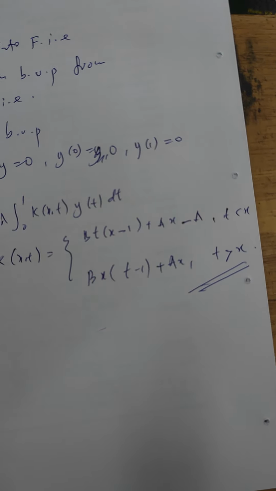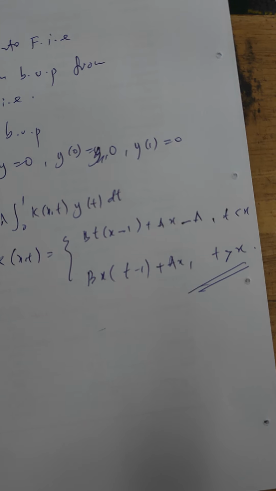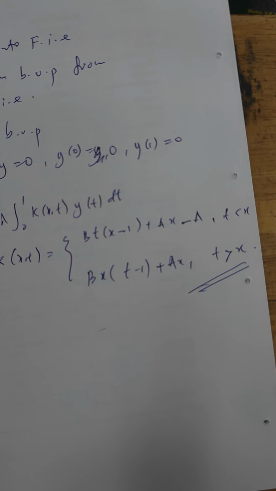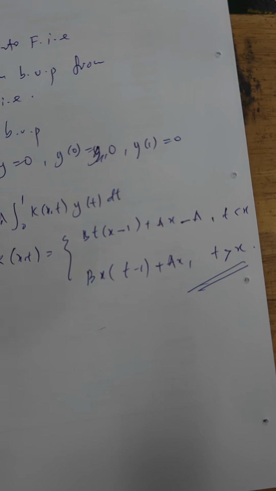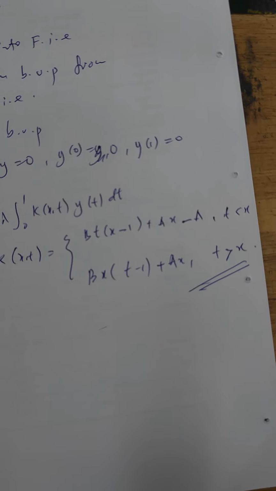We were given the boundary value problem, we converted it into a Volterra integral equation of the second kind, we converted it into the Fredholm integral equation of the second kind, and then from the obtained Fredholm integral equation, we tried to recover the given boundary value problem in the question. Alright, so the steps are almost similar to the previous one. So I think that's all for this video. See you in the next video. Bye.